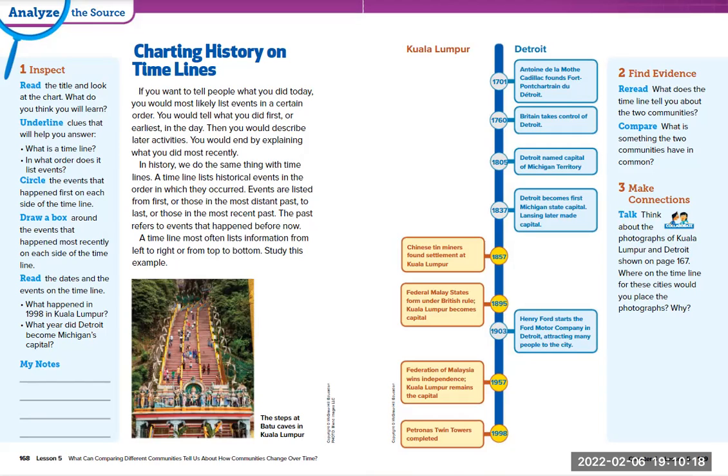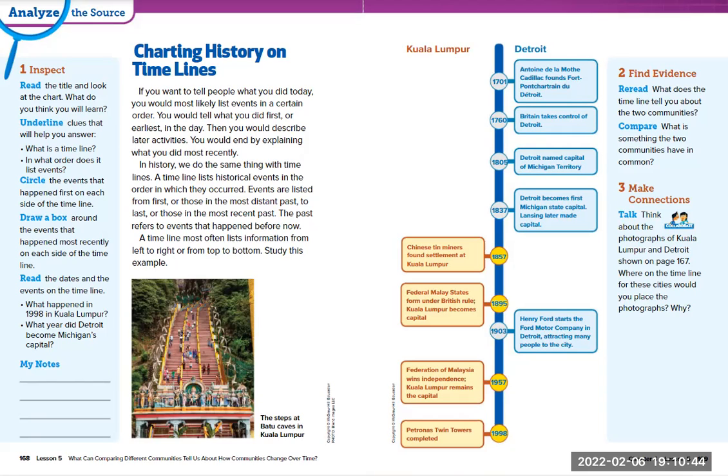Earlier is nearer to the top and later is nearer to the bottom. So you need to think about what this information is trying to tell you, because there has to be a reason for why they put dates and things happening and what happened on this line, and why are they showing 2 different cities? Do you think there's anything connected between them?